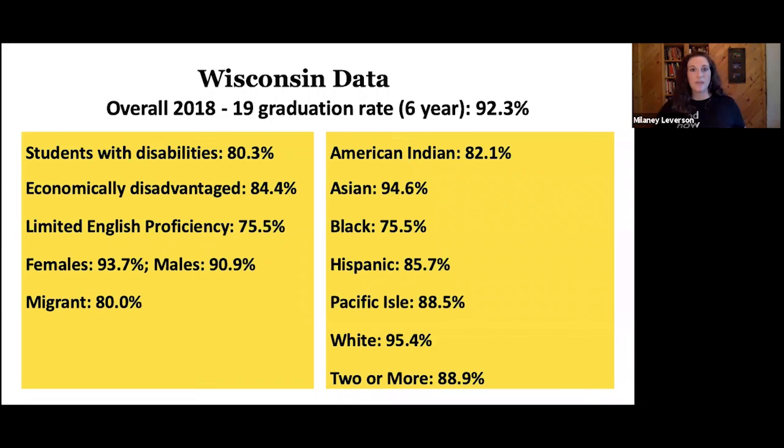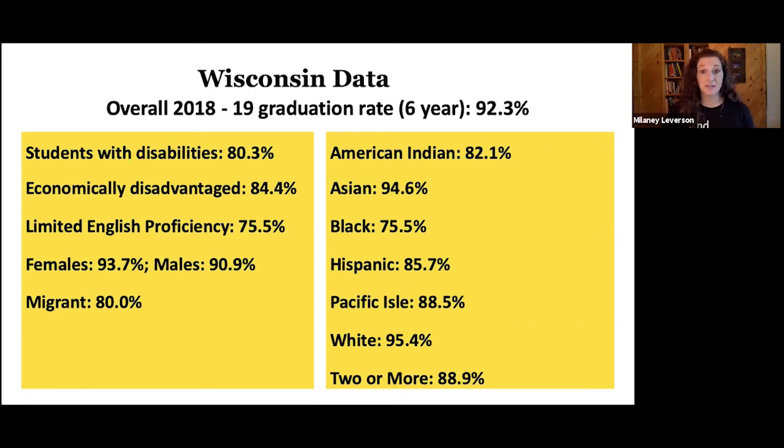So before we begin that though, we're going to examine some overall Wisconsin data to see if our bigger, greater system is cheating on us or is giving us outcomes that we don't want despite our good intentions. So this data is from 2018, 2019, and you can see that it's a 6-year rate. Overall, 92% of our students graduate. That sounds great.